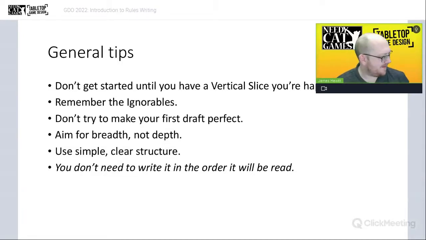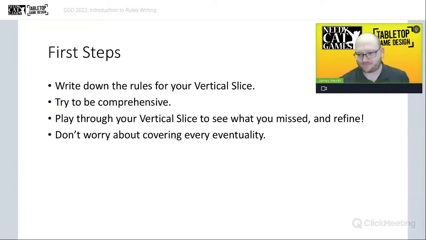So that's some general tips before we get started. So let's say you've got your vertical slice, you're happy with it, you want to push on and start writing some rules down. So what do we do? First of all, write down the rules for your vertical slice. As Renato said in the chat, you can imagine you're telling them to someone else, however it is you might do it.